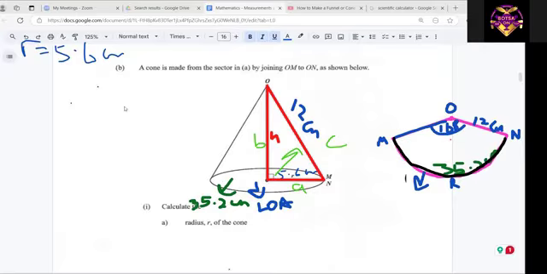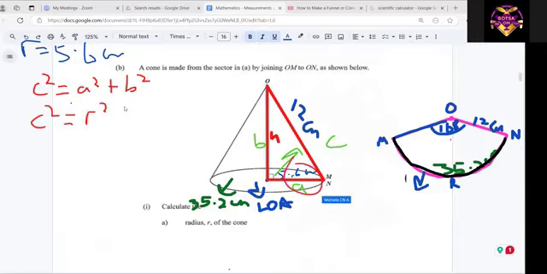Your choice, really. If you want to write the formula the normal way, C squared is equal to A squared plus B squared. Or some people might use it as C squared is equal to R squared, which is this radial side here, plus B squared, which is H squared.